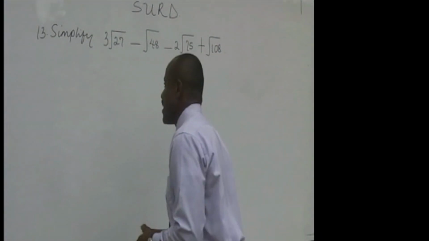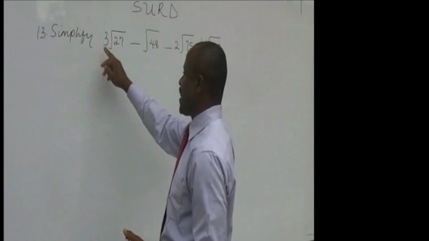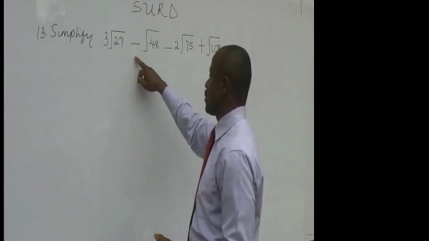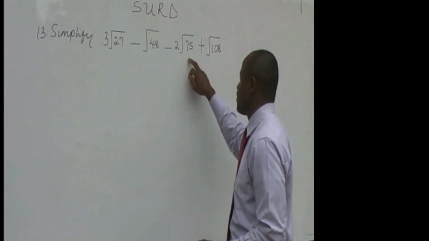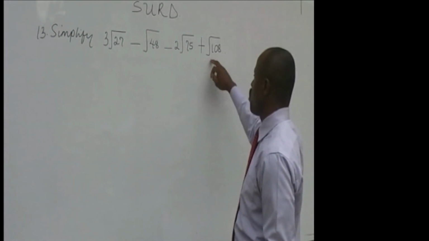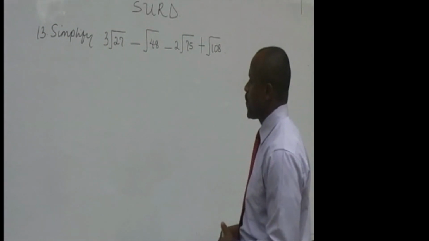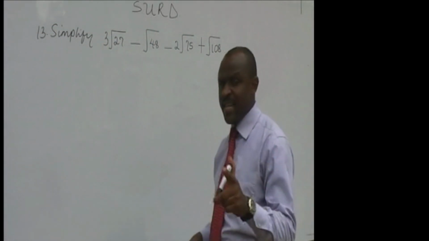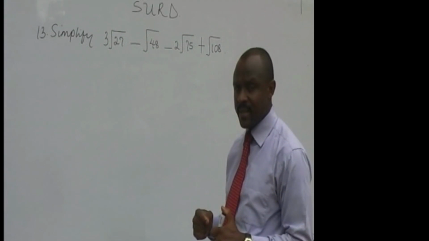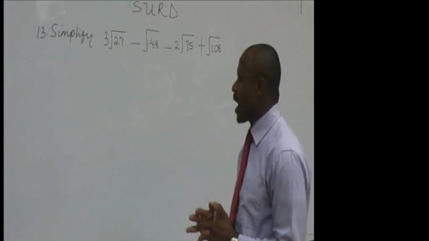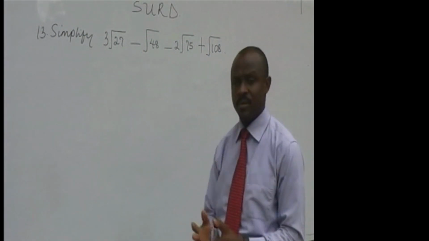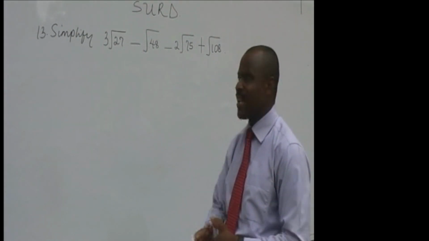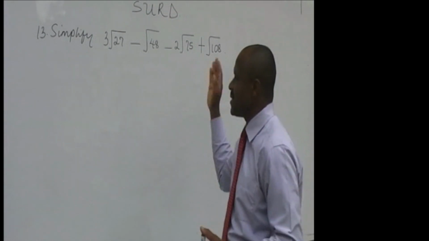Question number 13 says simplify 3 root 27 minus root 48 minus 2 root 75 plus root 108. The thing that should be in your mind is, what am I going to do so that I'll be able to subtract and add the roots? That is the only way you can make this thing simpler.